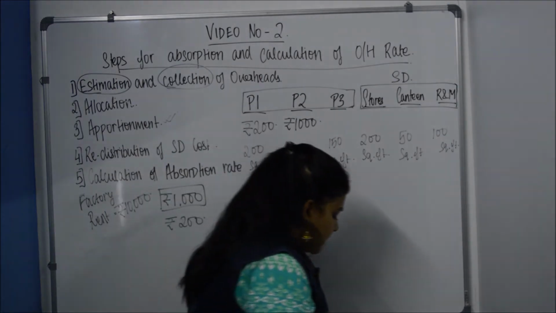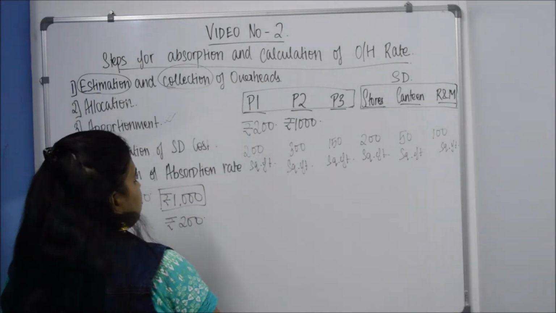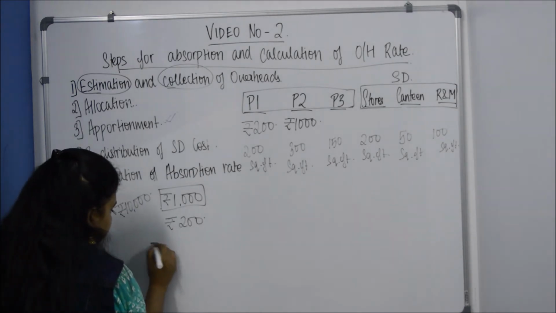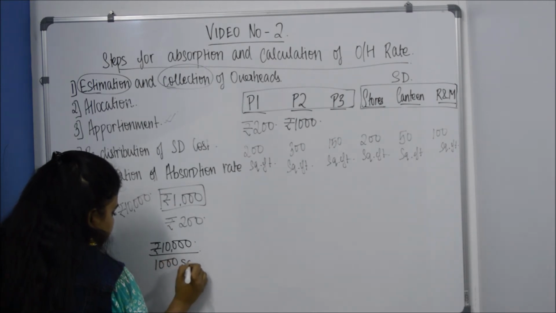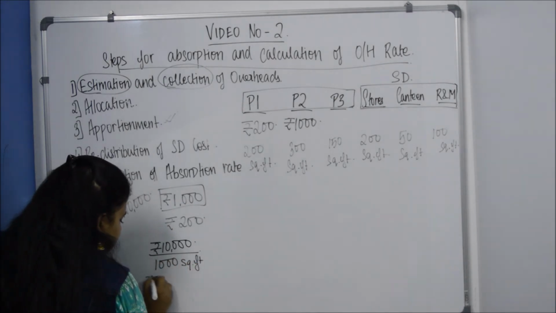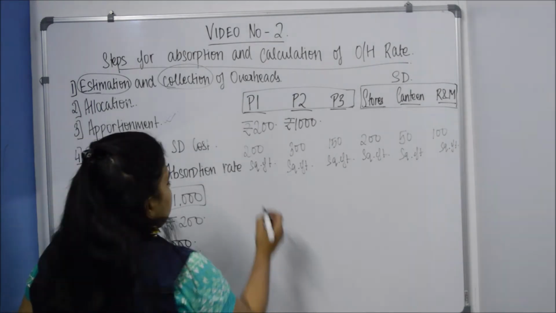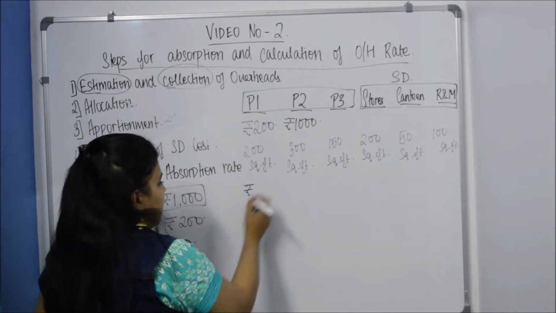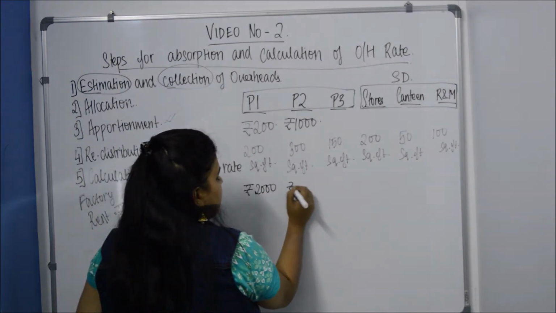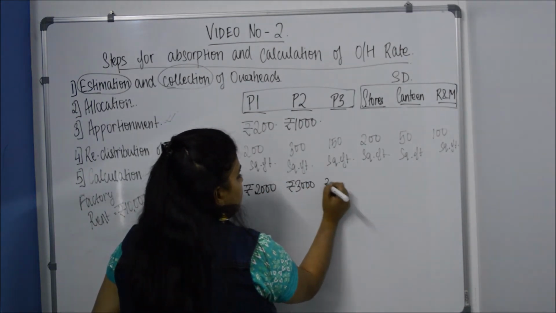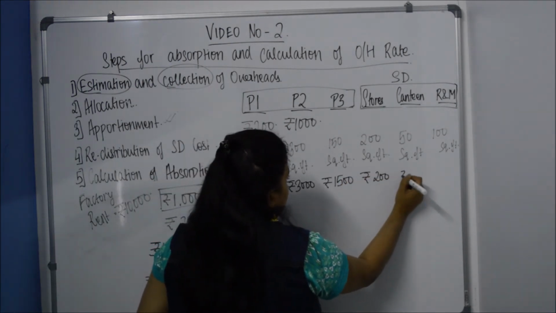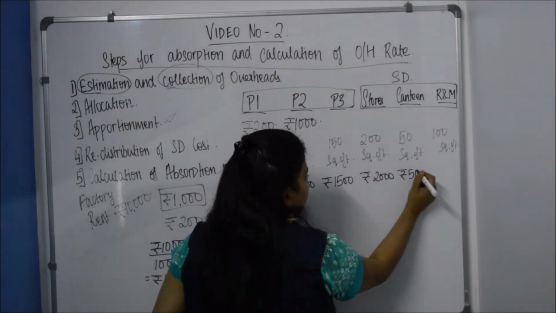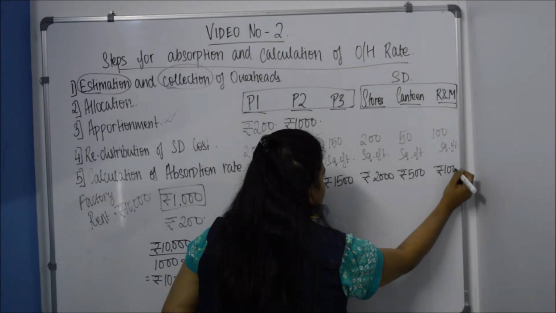So how much cost is incurred by each department? I have a factory rent of rupees 10,000 to be distributed between 1,000 square feet, that is rupees 10 per square feet. So the cost comes up to rupees 200 into 10, that is 2,000, rupees 3,000, 1500 rupees, 200 rupees, 2000 rupees, 500 and rupees 1000.